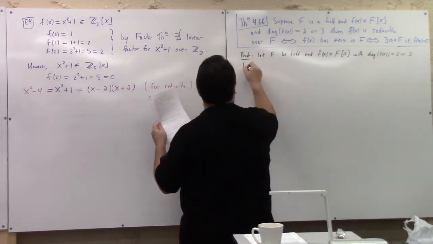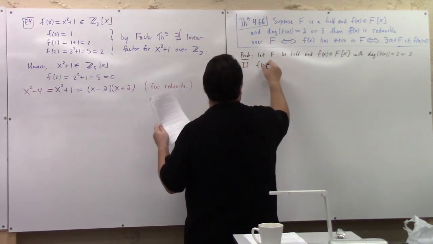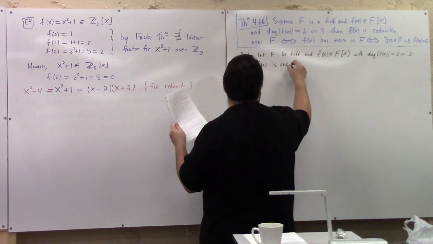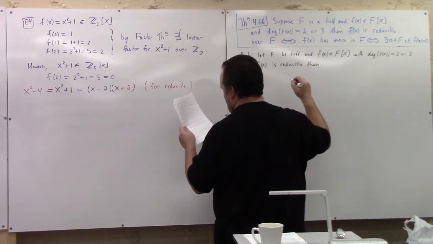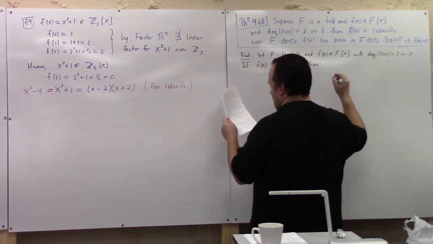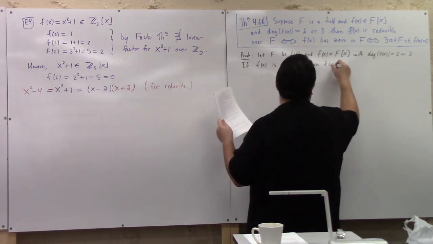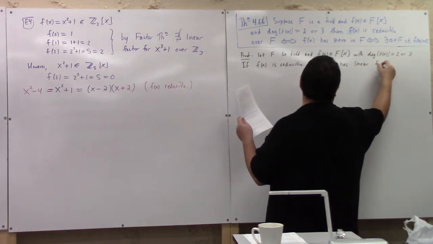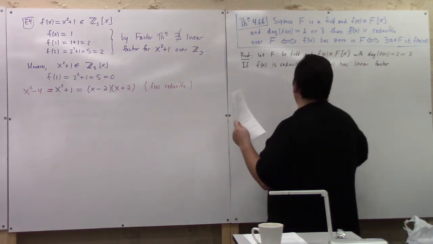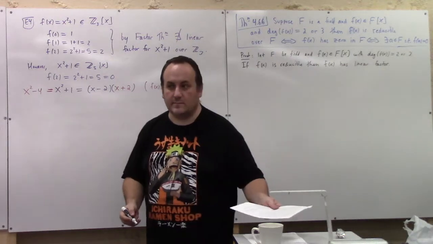If f of x is reducible, then f of x has a linear factor. Do you see that?